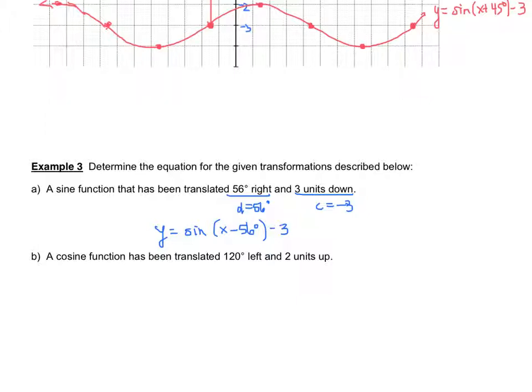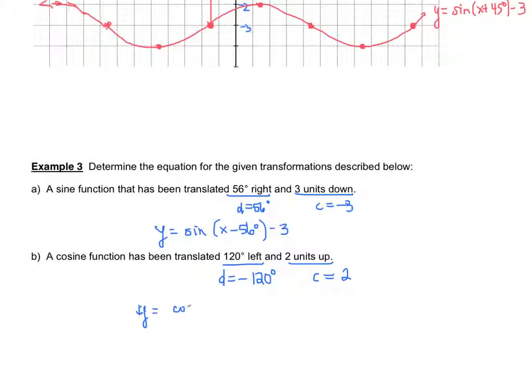In our next example, we have a cosine function, which is being translated 120 degrees to the left, which means our d value is negative 120 degrees, and 2 units up, which tells us that c is equal to 2. Fill that into our formula.